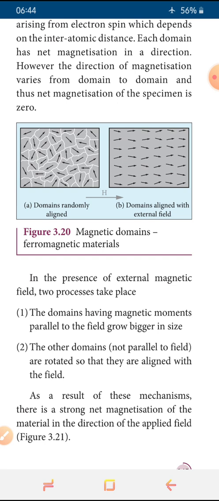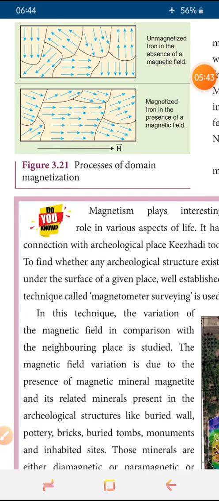As a result of this mechanism, a strong net magnetism of the material is produced, acting in the direction of the applied field. That is given clearly in the picture, figure 3.21. See the first part of figure 3.21: the domains are acting in all possible directions.